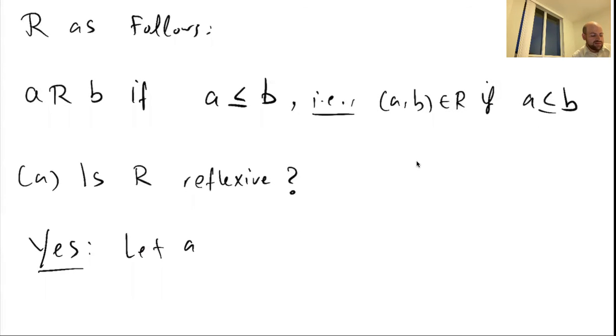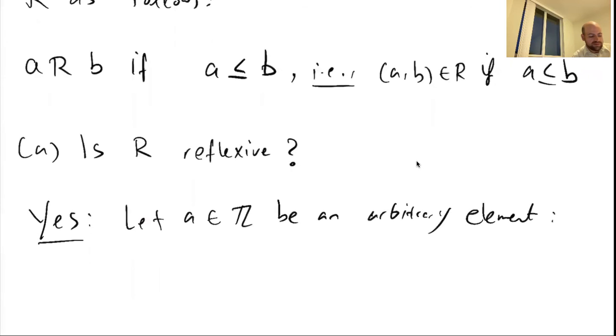Let A in Z be an arbitrary element, right? Because we have to show that for every element A in Z, (A, A) is in R, for an arbitrary element.